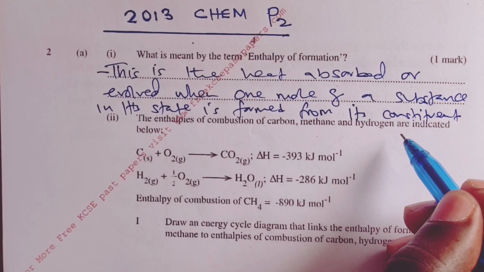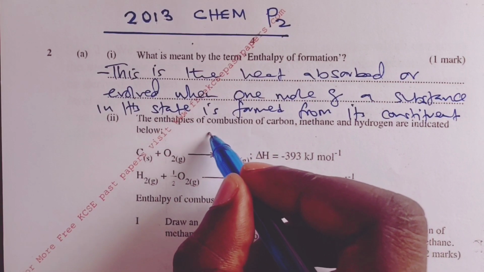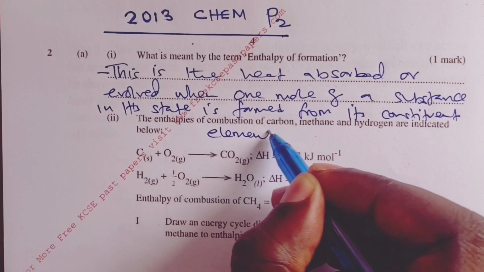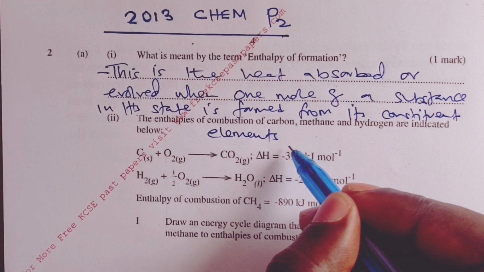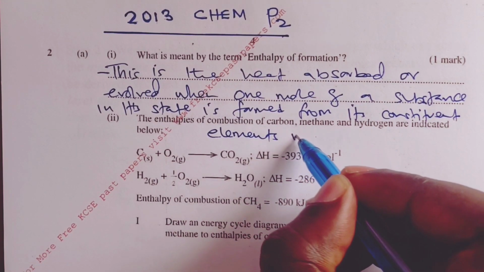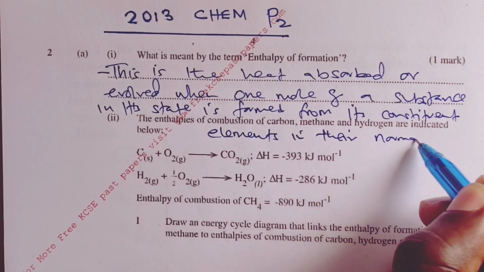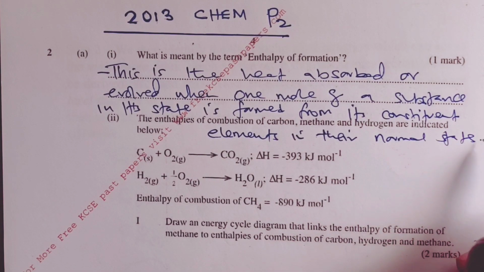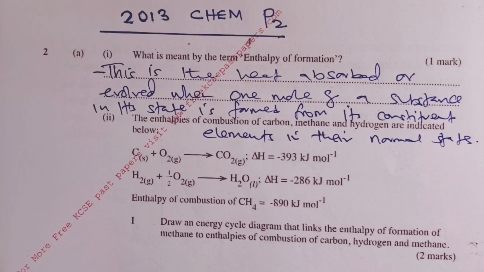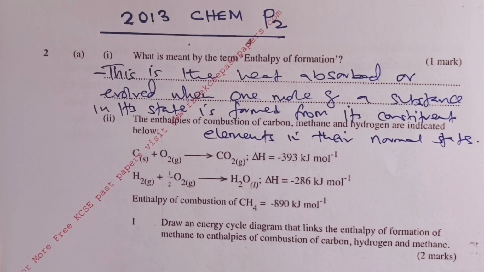It's formed from its constituent elements. Because of space, I'll write that down here. Is formed from its constituent elements in their normal states. That is the definition of enthalpy of formation.